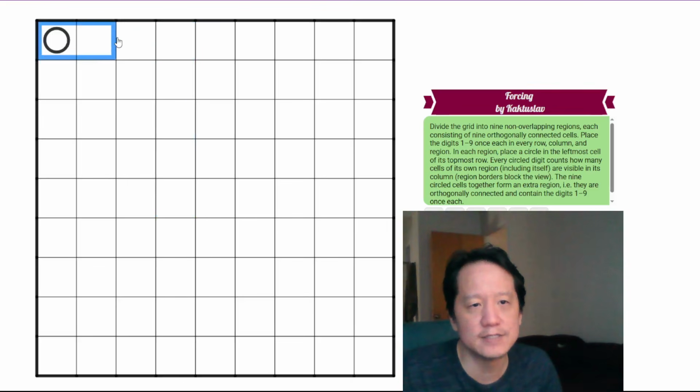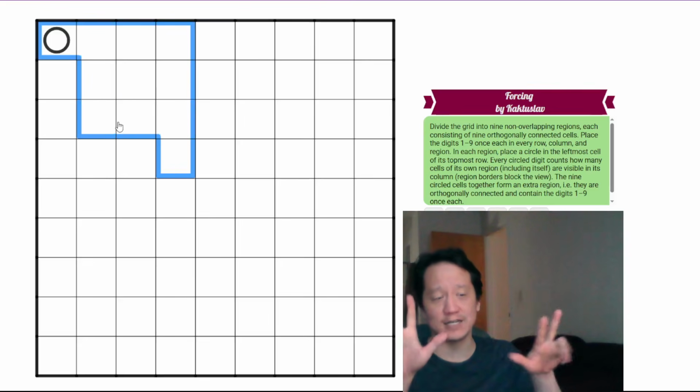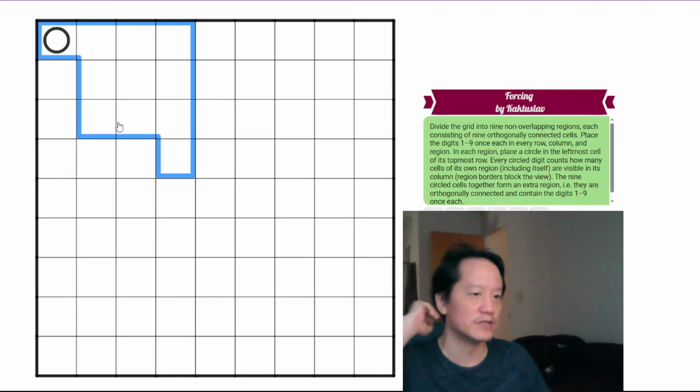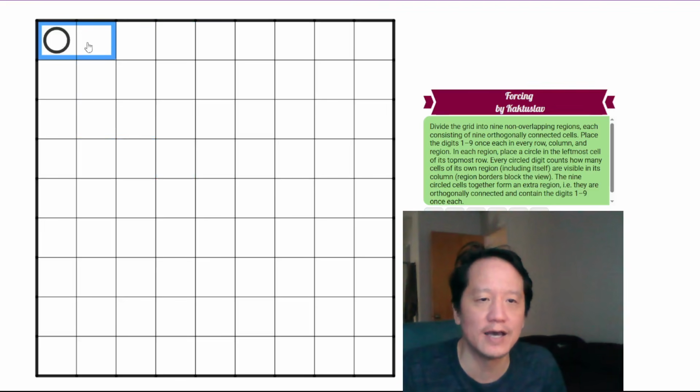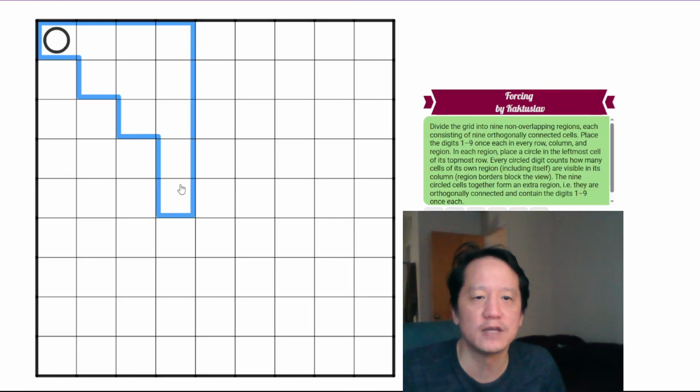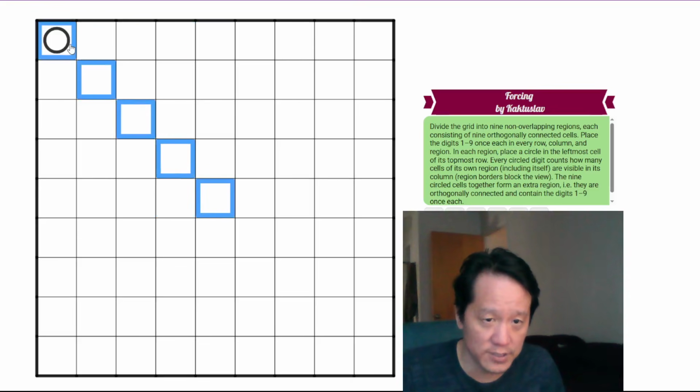It's saying how many digits are in the same region that it sees, and if it's just these 4 columns, that's only 36 cells that can be seen and that are in the same region, but it has to add up to 45 for the digits in the circle, because they must be the digits 1 through 9. So it has to be at least going to here.